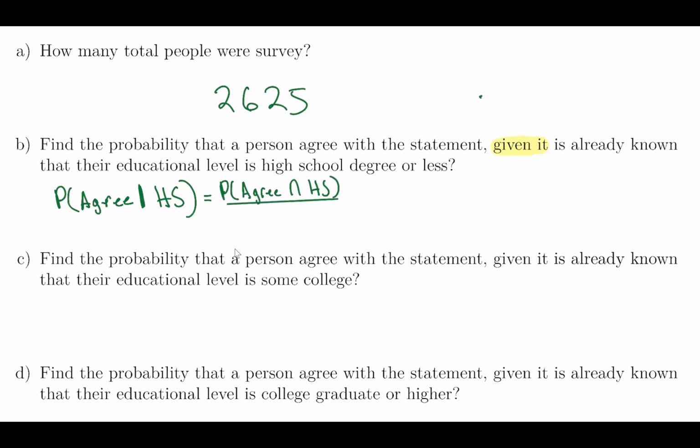Should I divide it by the fact that they agree with the statement, or should I divide it by they have a high school degree or less? Oh, high school, perfect. Everybody good so far on how I have this set up?